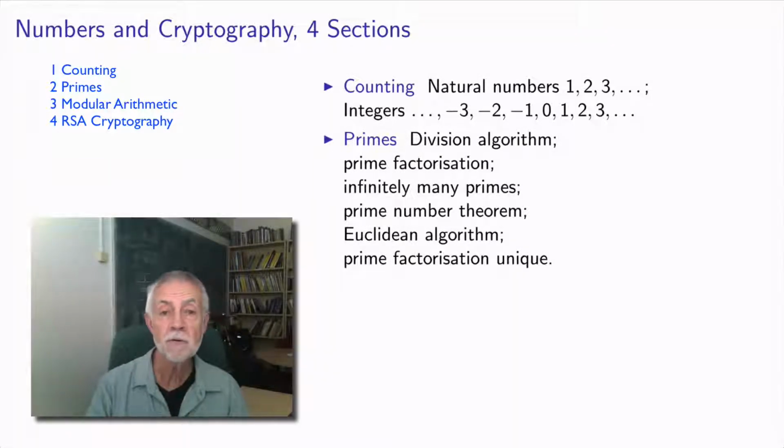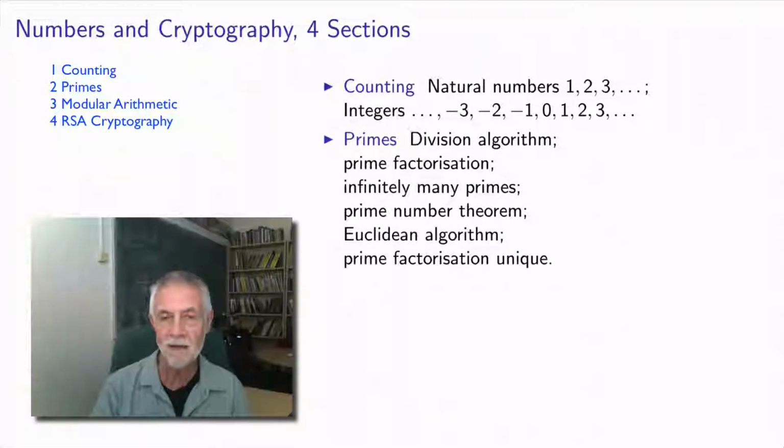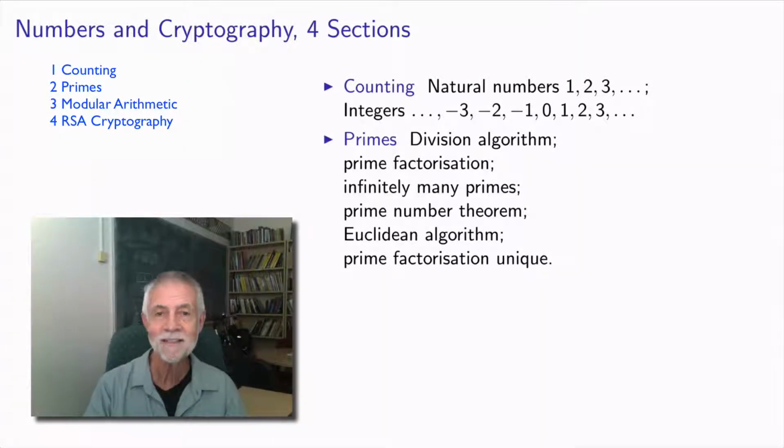And then we'll show that there are infinitely many prime numbers. Now this is not obvious, but it was first proved by the Greeks in about 300 BC in Euclid's Elements. In fact, it was probably known even before that. I'm always impressed with the depth of the mathematics done by the ancient Greeks.